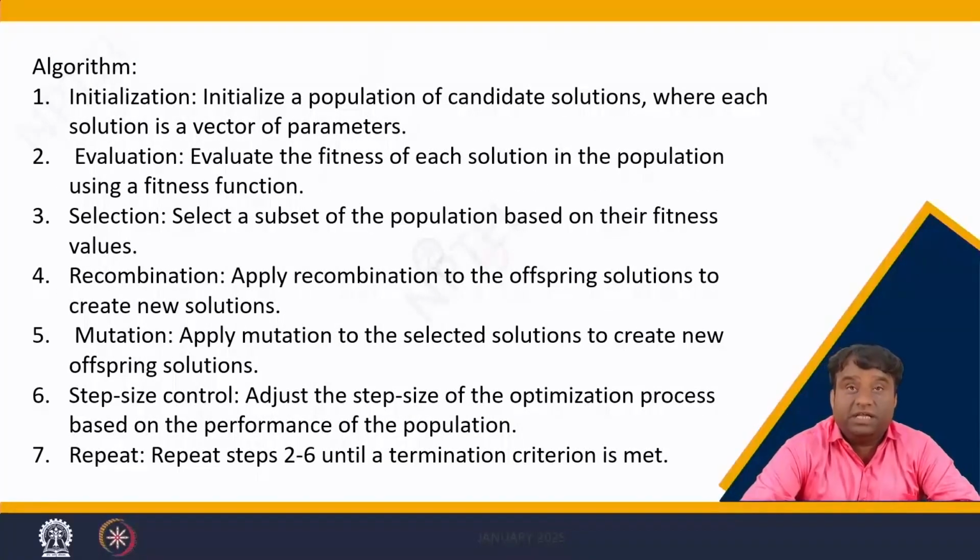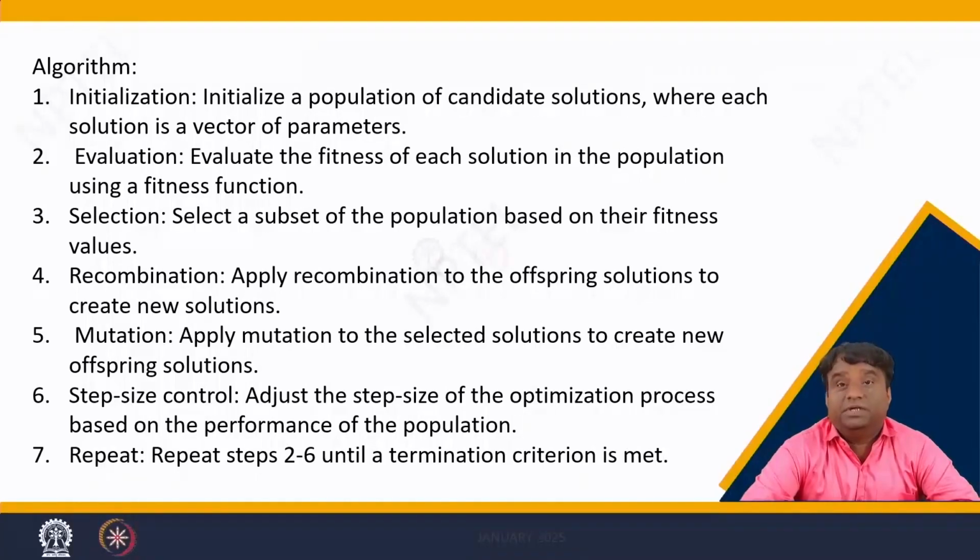Algorithm. The first one is initialization. Initialize a population of candidate solutions where each solution is a vector of parameters. Evaluation. Evaluate the fitness of each solution in the population using a fitness function. Selection. Select a subset of the population based on their fitness values. Recombination.